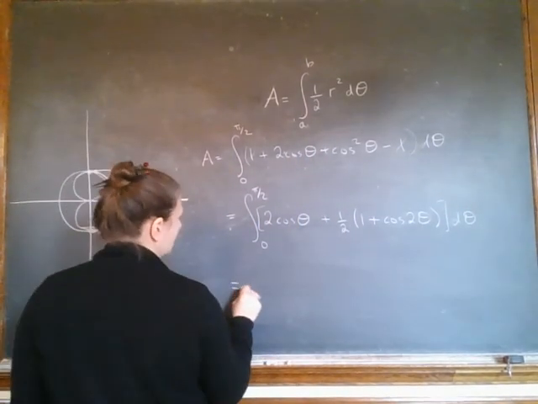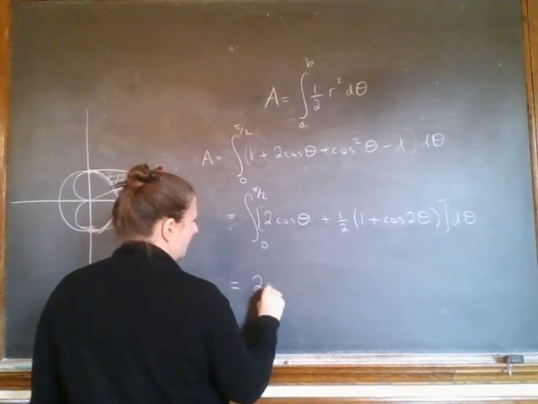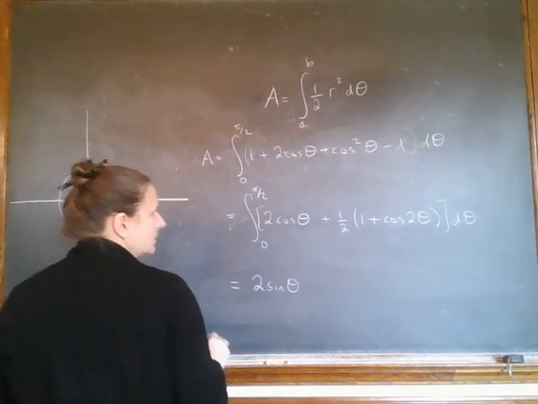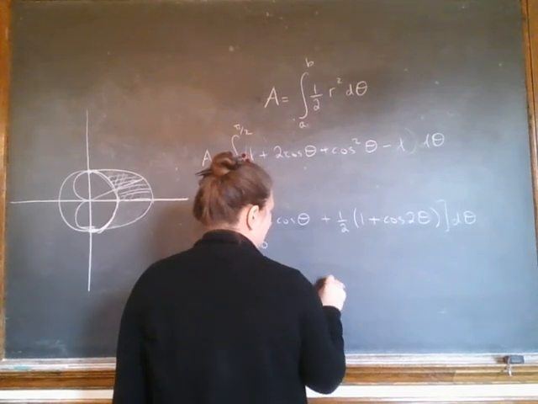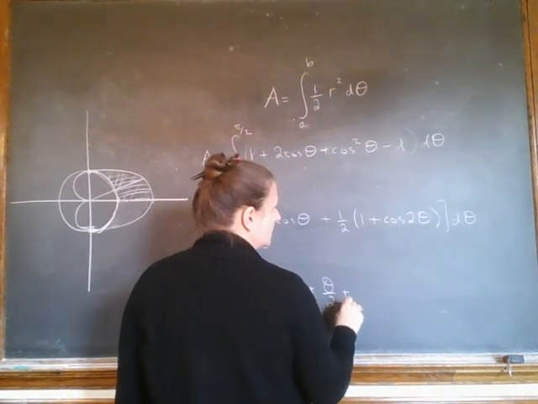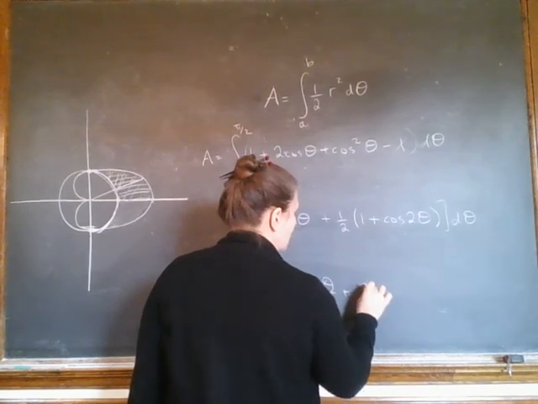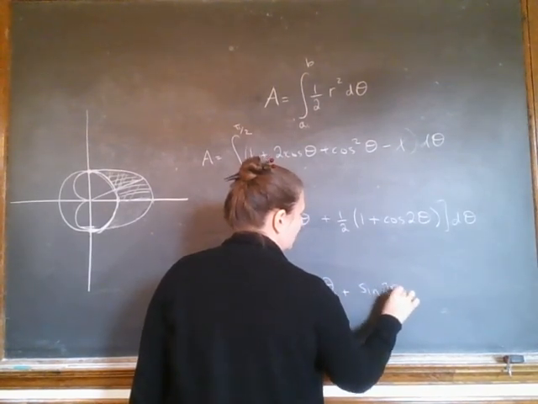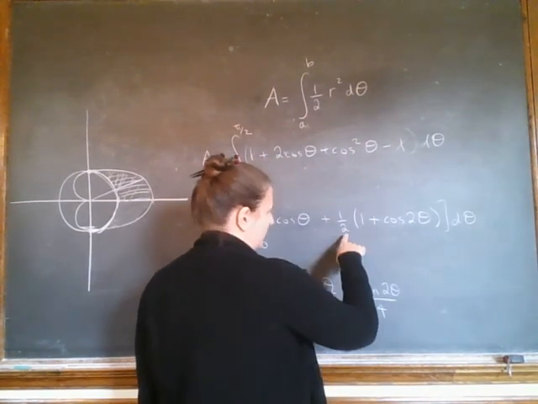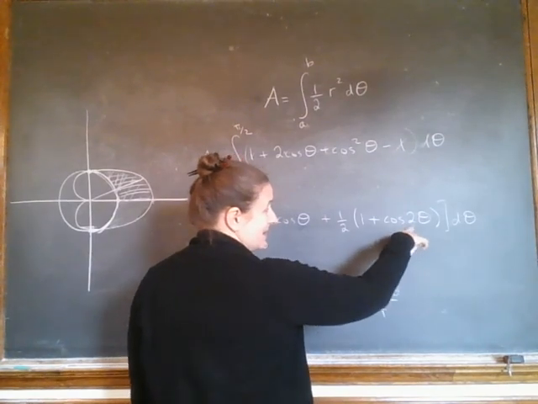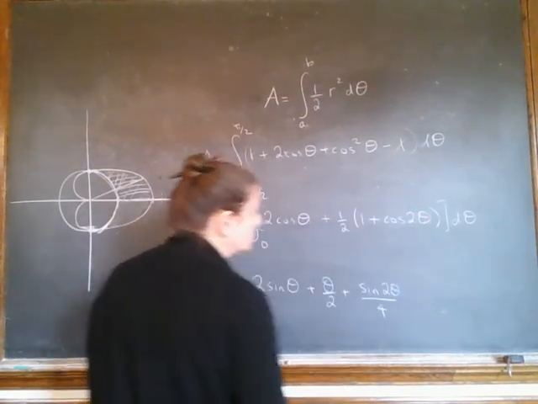Now you just integrate this stuff. The derivative of sine is cosine. I've got theta over 2, and this is going to be sine of 2 theta, and then, of course, it's going to be over 4 because I have to remember this 1/2 multiplies that, and then I have to do U substitution there.